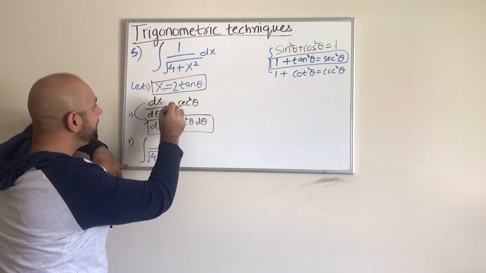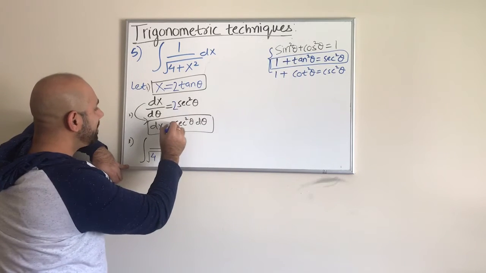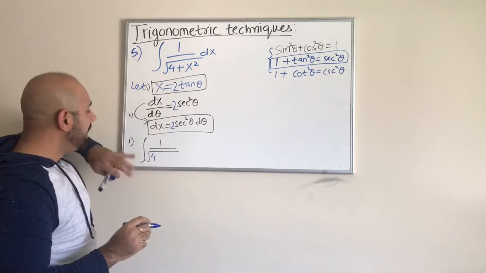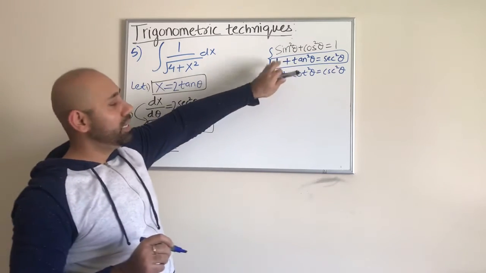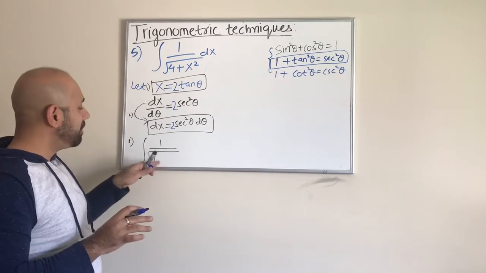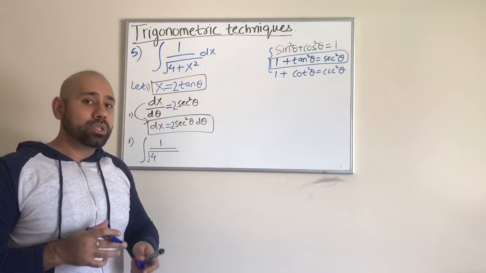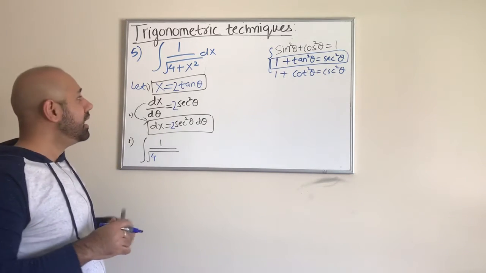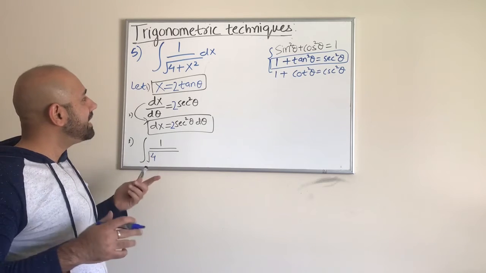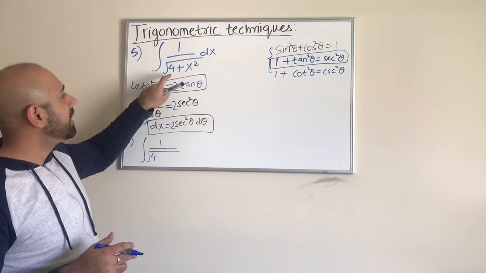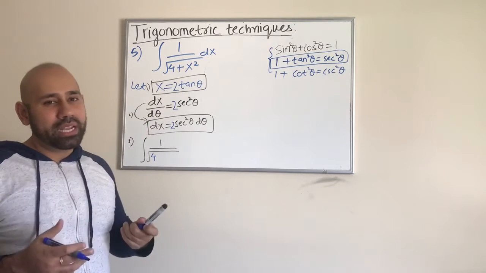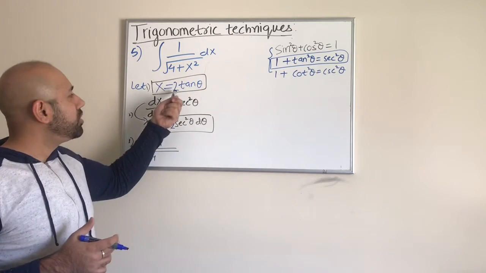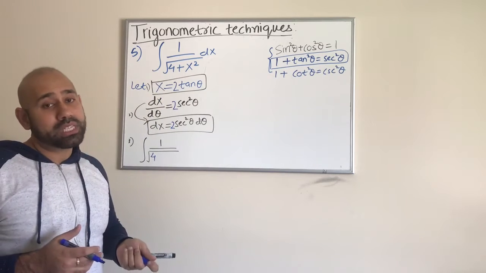So obviously there is going to be a 2 here as well, sorry about that guys, and you will see why I actually chose that 2, because we want a 1 here. So you will see once we simplify this step why we chose 2 tan theta and not just tan theta. Because if I just choose tan theta, I can still get a 1 here, but it will be a little more complicated. So it's convenient to start with 2 tan theta rather than just tan theta.